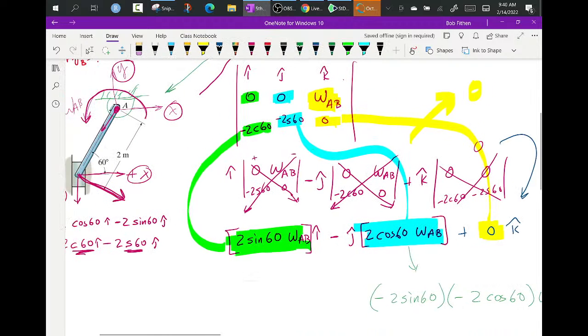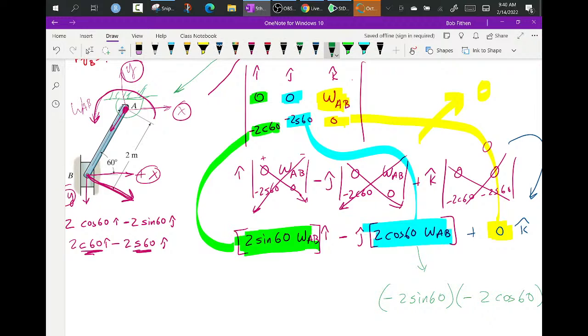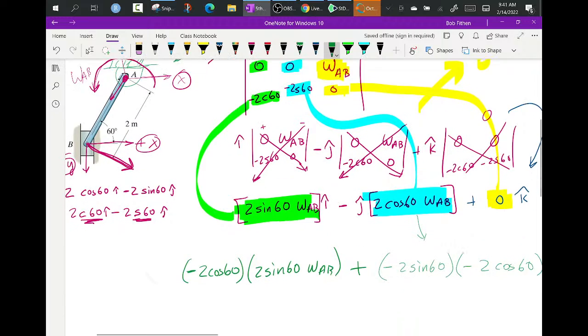Now, let's do the other one. Over here, minus 2 cosine of 60, that's this one right here, and then take this one, put it right there, 2 sine of 60, omega AB. And then you add these two together.